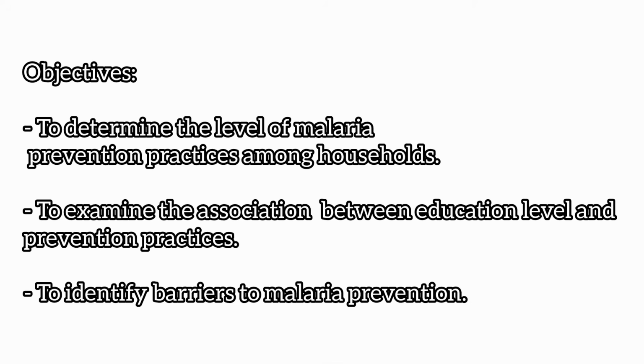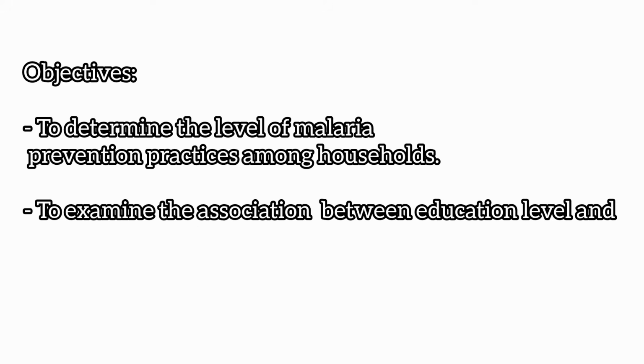Now the objectives: number one, to determine the level of malaria prevention practice among households. Objective number two, to examine the association between education level and prevention practices. Objective number three, to identify barriers to malaria prevention.